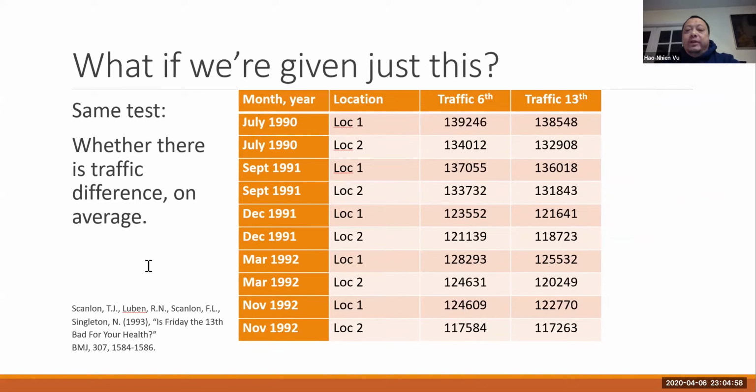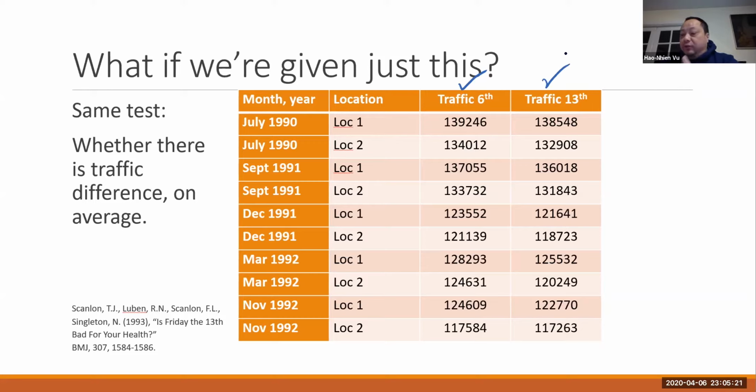What if we're given the original data set without the subtraction? So it looks like there are two samples of traffic data here. One sample of traffic data on Friday the 6th, and one sample of traffic data on Friday the 13th.